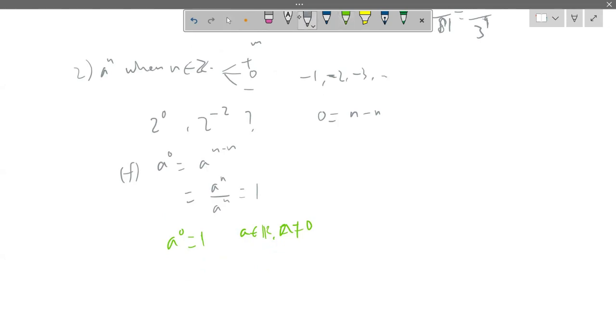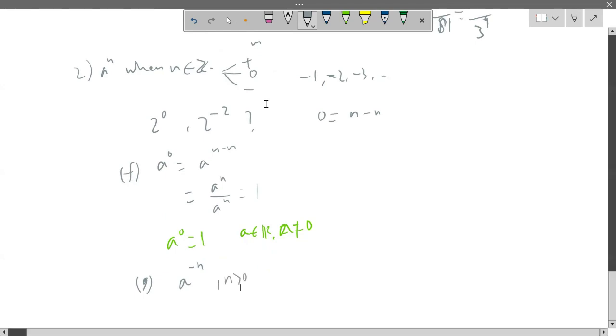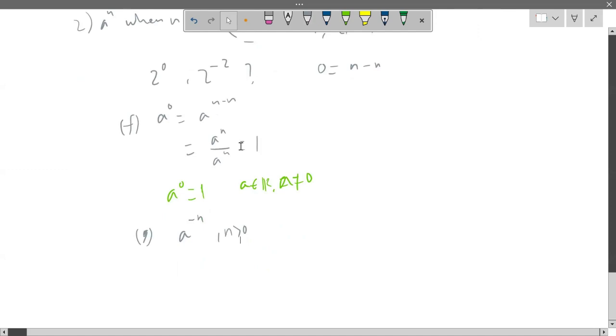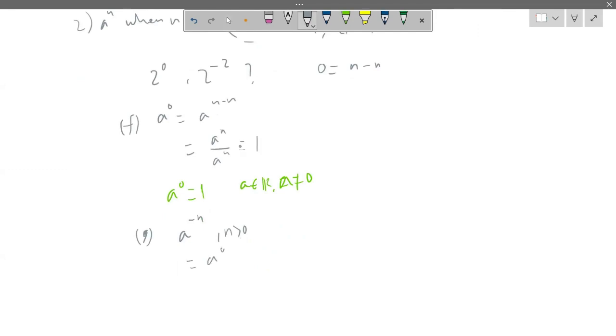Now, we can define what it means to take a number to the power of a negative number, or a negative integer to be precise. A to the power of negative n, when n is greater than 0, is equal to a to the power of 0 minus n, because 0 minus n is equal to negative n.